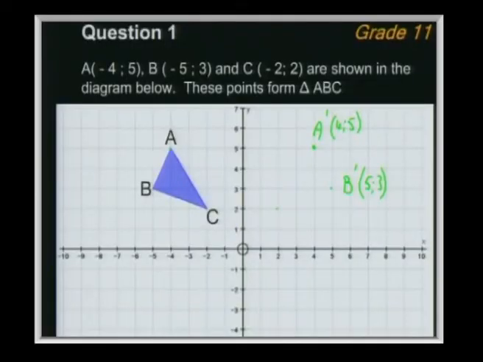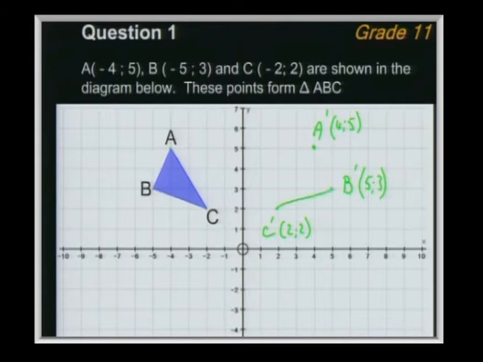Point C is minus 2, 2. Reflecting around the y-axis, the y's don't change, the x's do. That becomes 2, 2. Remembering our notation, C dash becomes the point 2, 2.